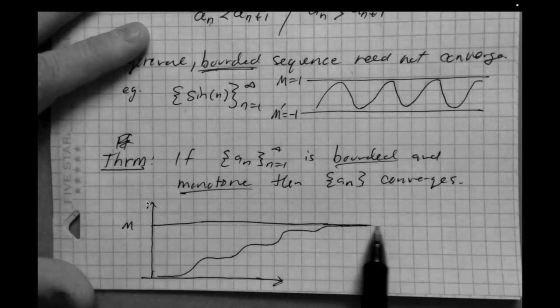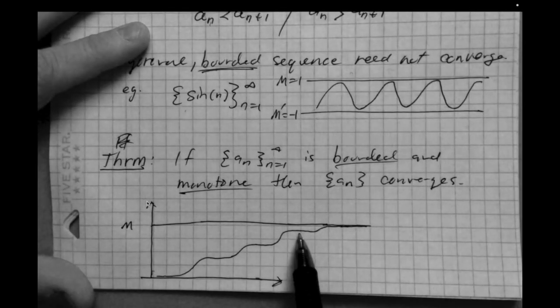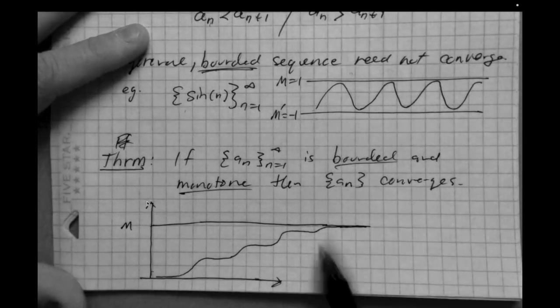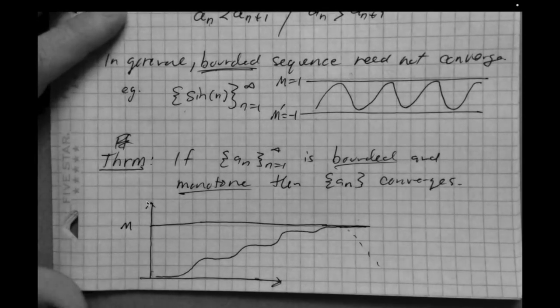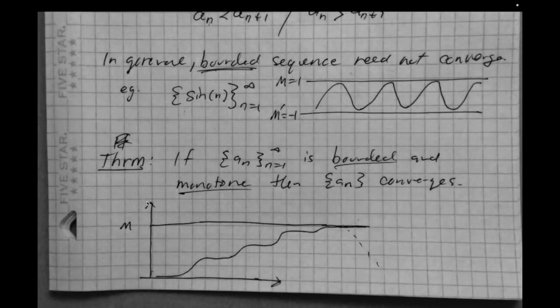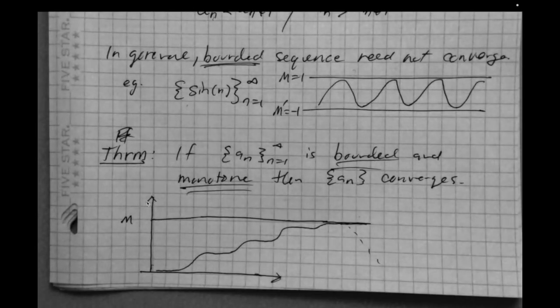So it's either going to flatten out forever, in which case it converges to that value, or it's going to increase up to some limit, which it never quite reaches. But because it can't come back down, it must level out to a limit or approach some horizontal upper bound that it maybe never hits. Just keeping in mind what these two words mean, it seems fairly obvious that this is true.